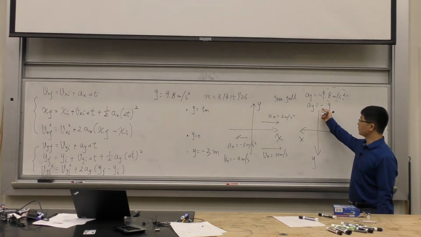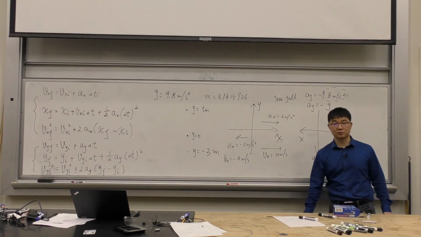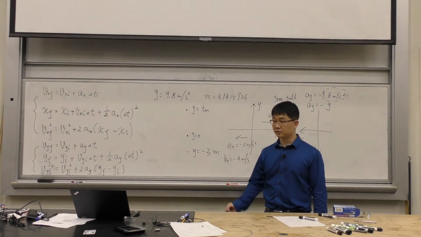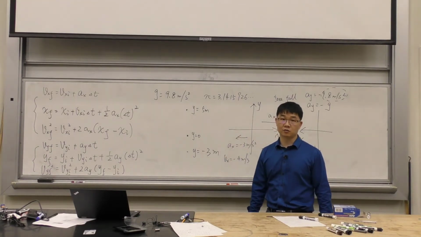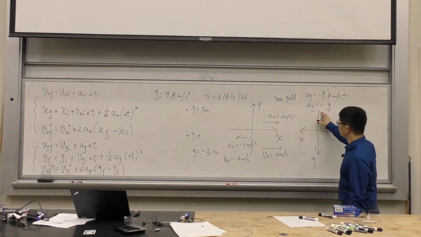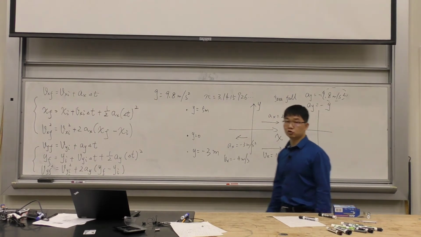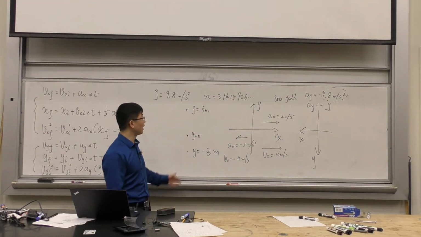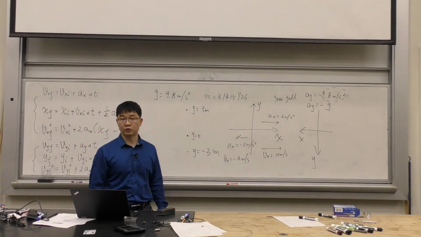I'm assigning a negative sign because this thing is down. The acceleration is down, right? I have to assign a negative sign so that it's different from a positive direction, okay? This negative sign is not because I'm making little g negative. I never make little g negative. I never make pi negative, right? We don't do that.